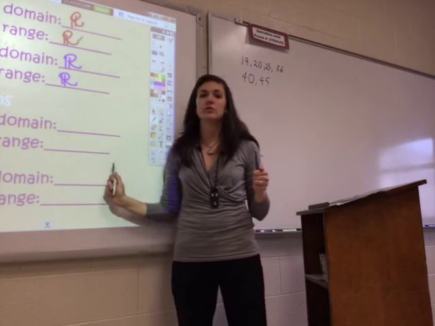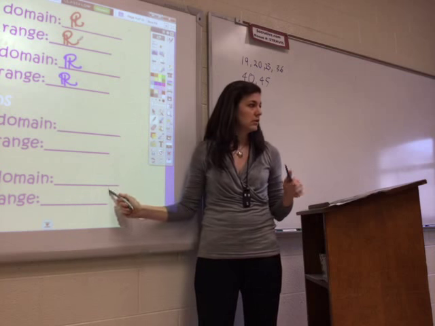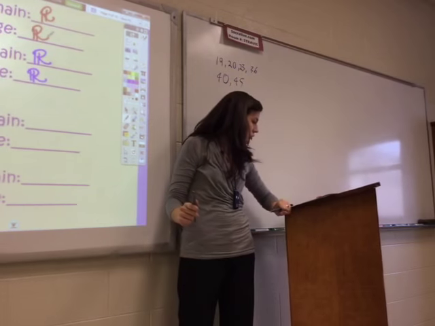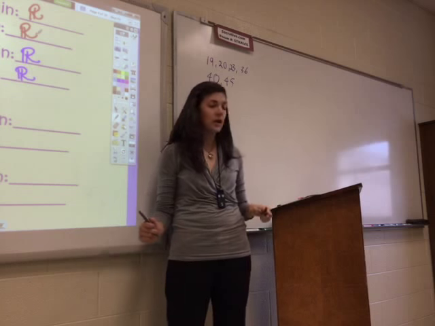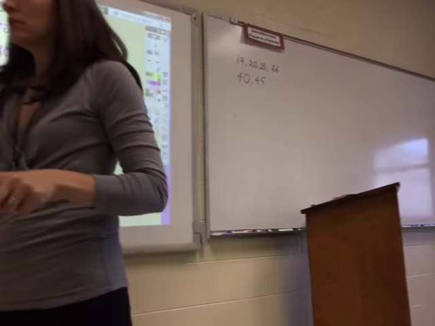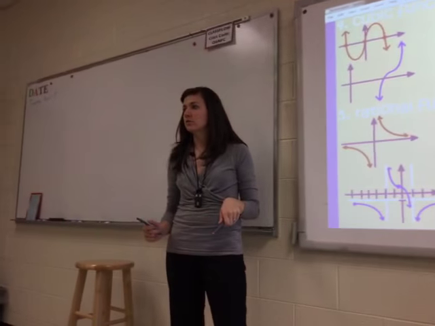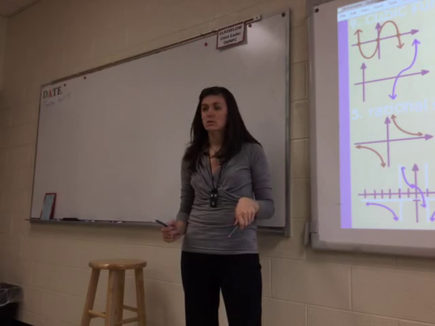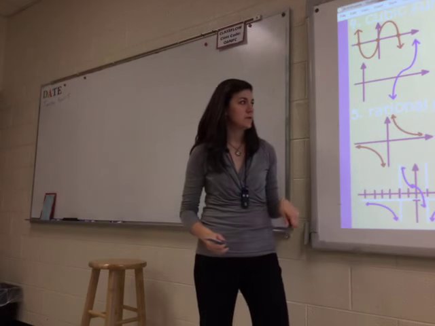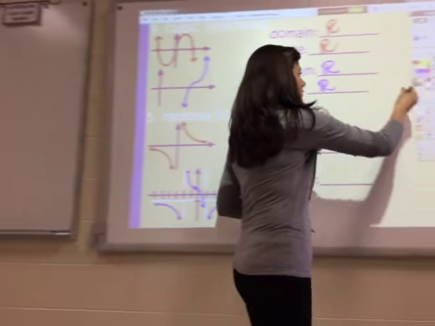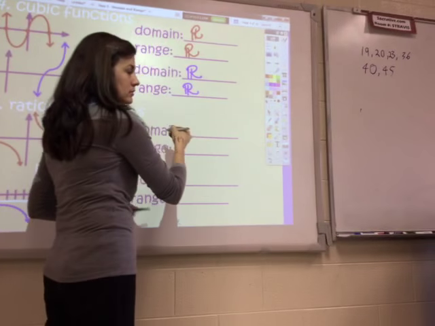All right, I want you to try this one. Okay, can I remind you what a rational function looks like? Do you guys remember algebraically what a rational function looks like? This is what you all didn't like this chapter.